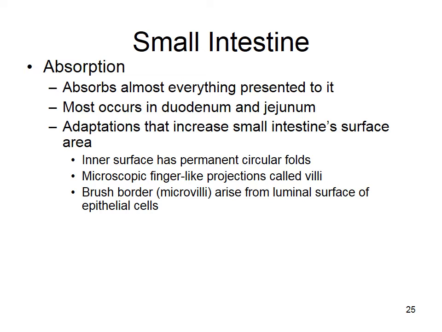Then it has finger-like projections called villi, and on those villi are the enterocytes, and the enterocytes have microvilli. This greatly increases surface area so that you can get almost full absorption of everything you present to the small intestine.